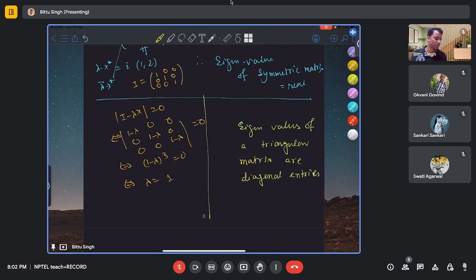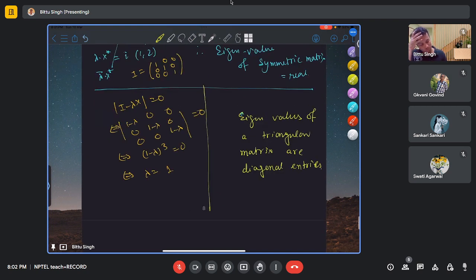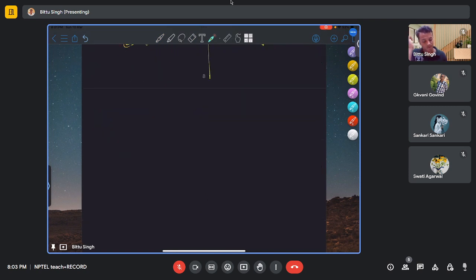And a diagonal matrix is a special case of a triangular matrix. That is why the eigenvalues of the identity are actually the diagonal entries 1, 1, 1.